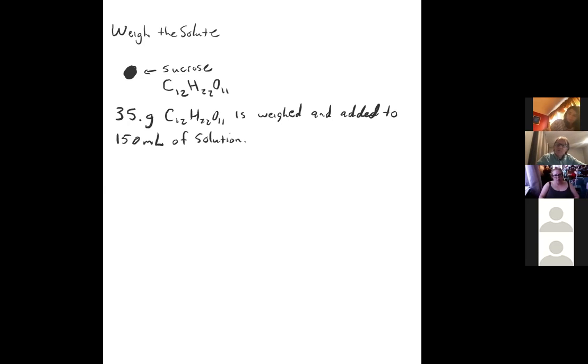It's around 40 grams of sucrose, high fructose corn syrup, so that's essentially sucrose, in a can of Coke or Pepsi or any of those drinks. So this is about the amount of sugar that gets added to one of those soft drinks. So it's 35 grams weighed, added to 150 milliliters of solution.